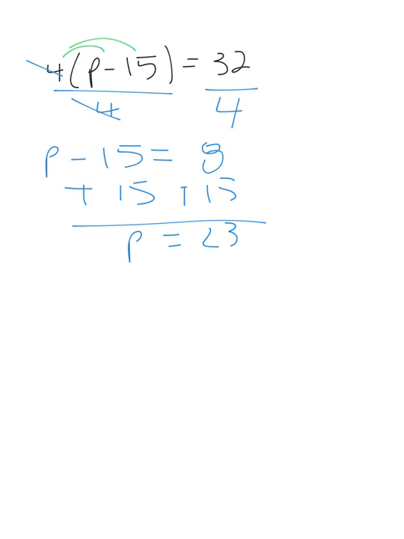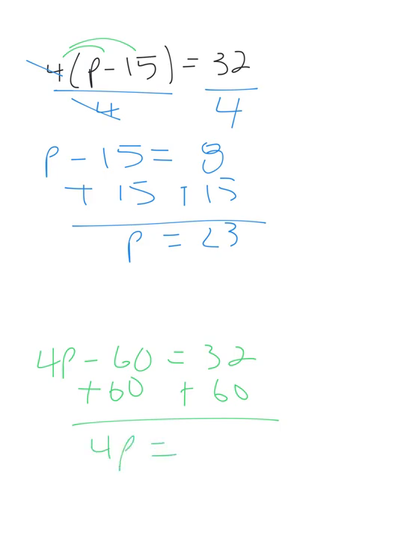If you distributed, you would end up with 4p minus 60 equals 32. Add 60. 4p is 92. And then you'd have to go off to the side. 2, 8, 12. And you would get p is 23. Same thing. You can do whichever way you want.